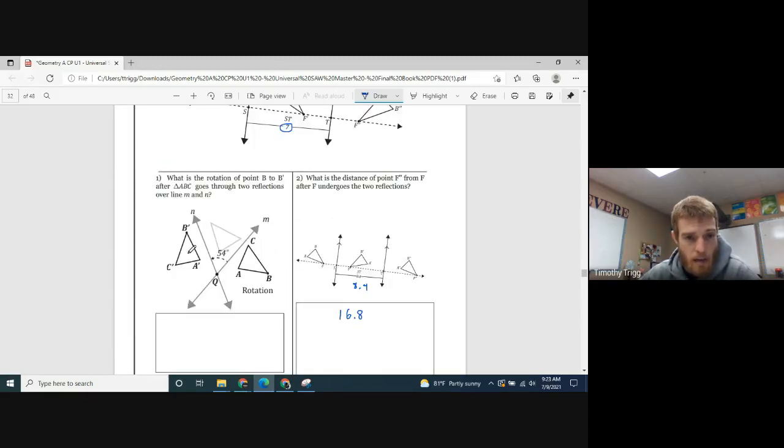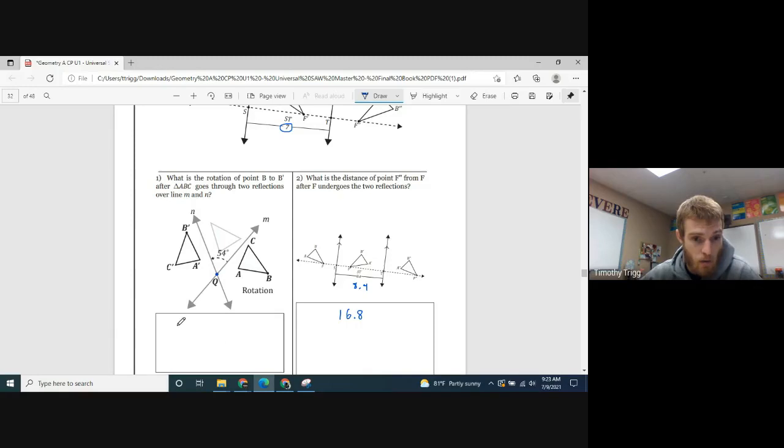Similarly, this one is a reflection and another reflection, but these lines are not parallel. Starting with ABC, it's reflected to this triangle, and then reflected again to this triangle. So the triangle is reflected across line M, and then reflected again across line N. In that case, what can we say? We could say that's the same as a rotation around point Q, and you double this angle.